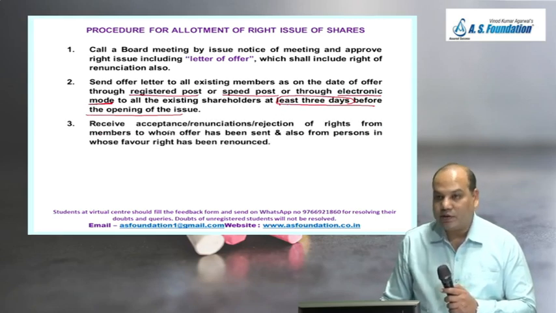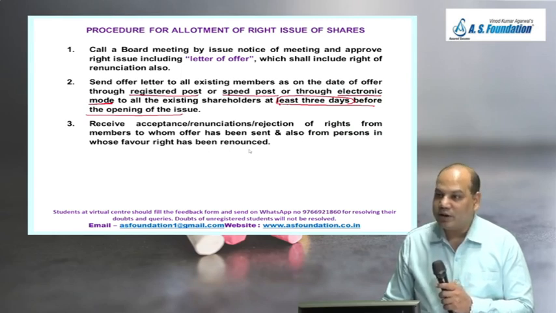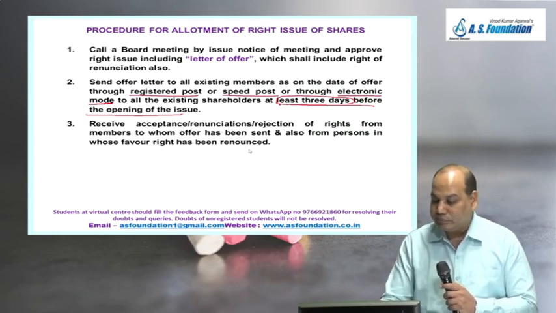Then receive the acceptance. Some shareholders may decide to subscribe, some may renounce in favor of others, and some may reject. Receive acceptance, renunciation, rejection of rights from the members to whom the offer has been sent, and also from the persons in whose favor the right has been renounced.